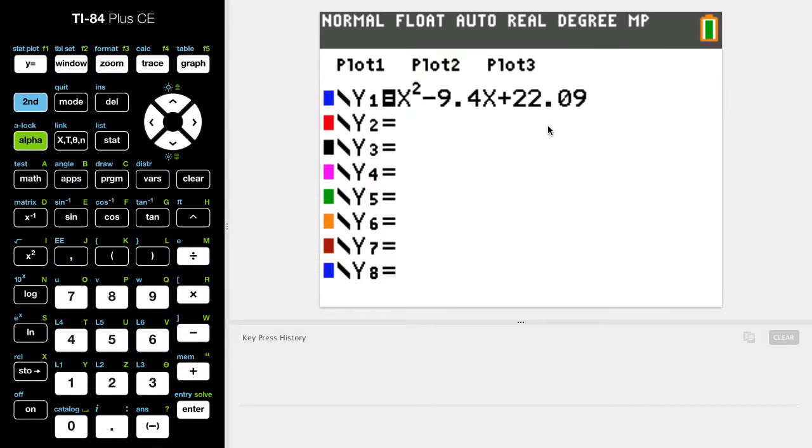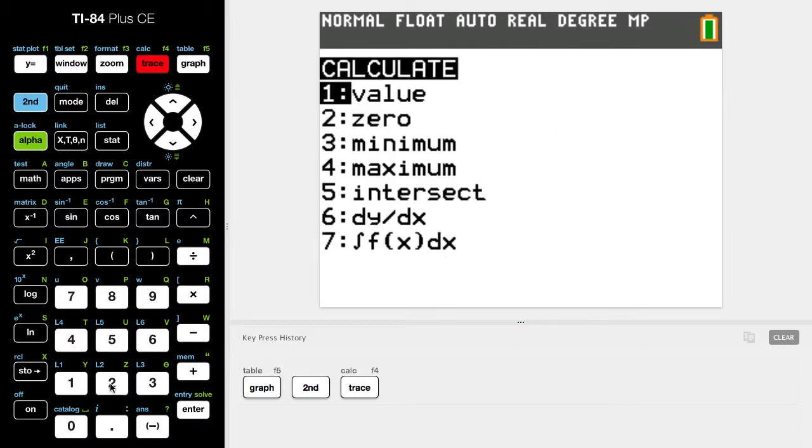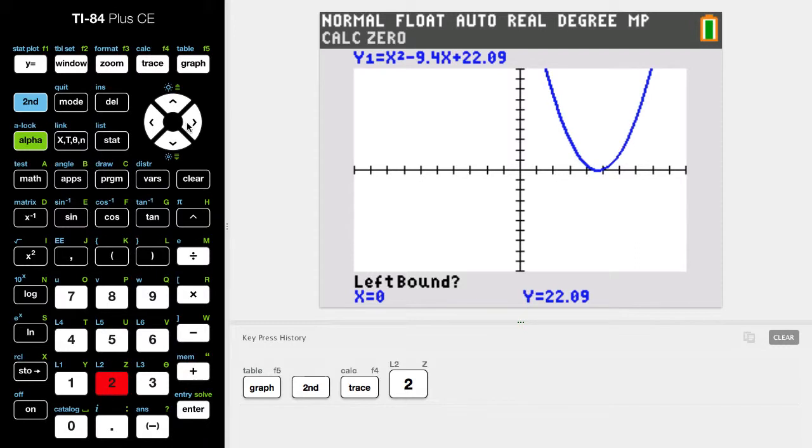Once again, to save time, I have already inputted the function. So now go ahead and press graph. And notice how there is just one x-intercept. Let's find it. Press second function, trace, 2, then press the right arrow key until we're just to the left of our 0. Then press enter.